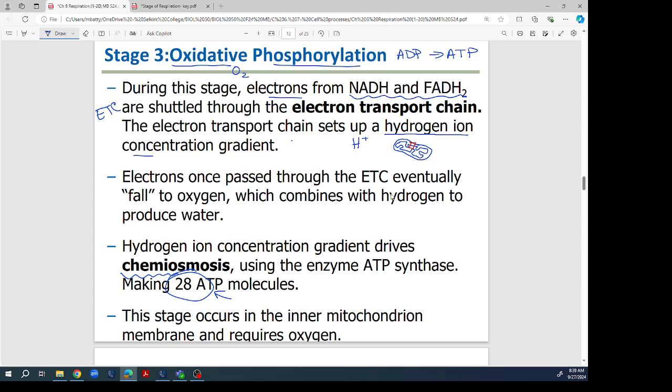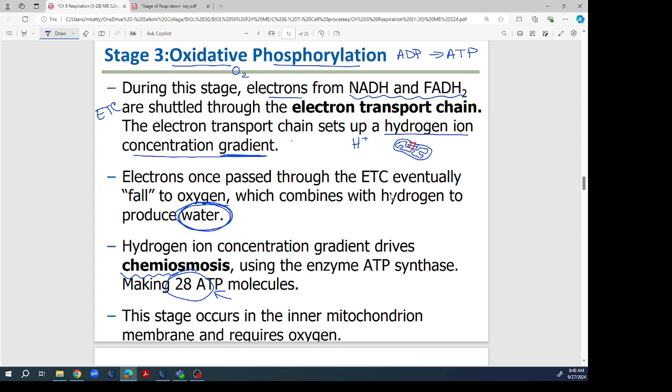That's going to set up a concentration gradient. We talked about gradients last day when we talked about cell transport. And so when you pump up a concentration gradient, that gradient can be used as passive transport when it reestablishes equilibrium.